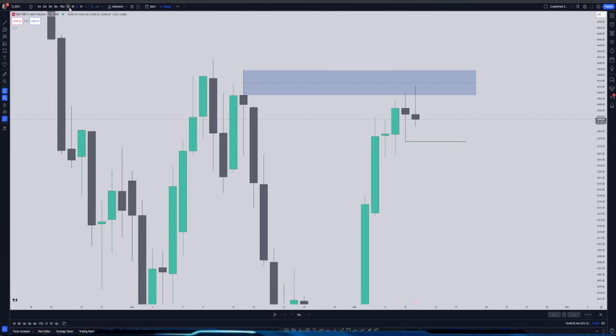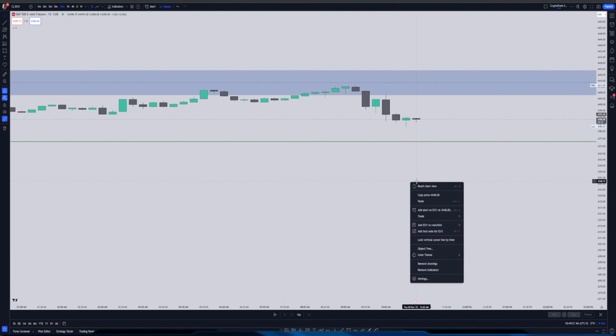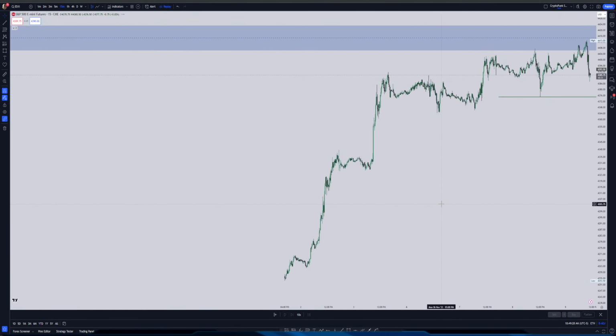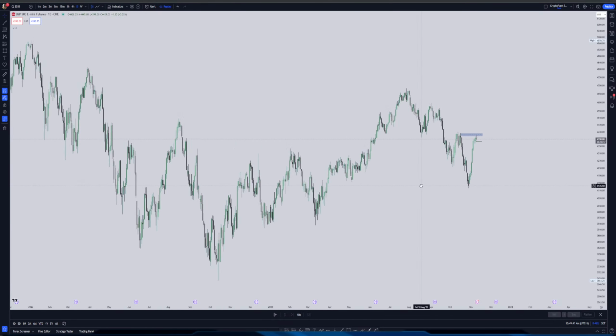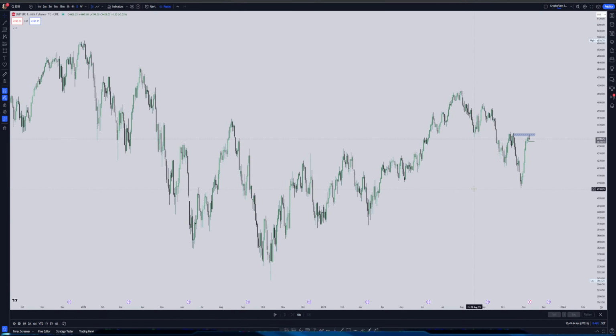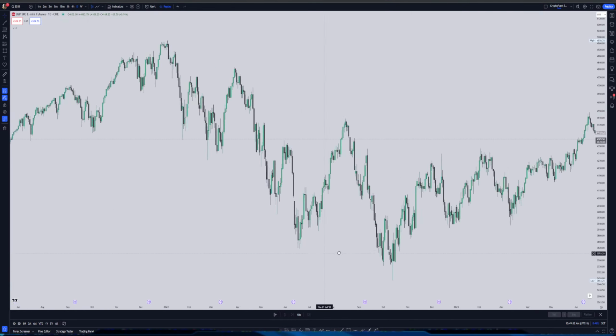Now let me go to the 15-minute chart and find some good examples for you. Or maybe on the daily as well, I can look for that. What was high speed and low resistance?